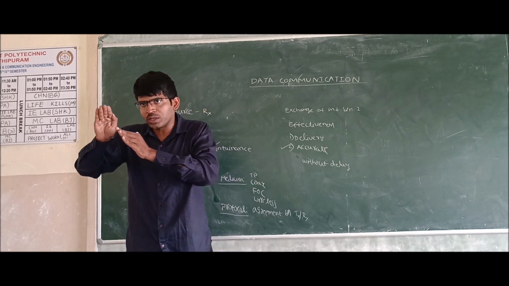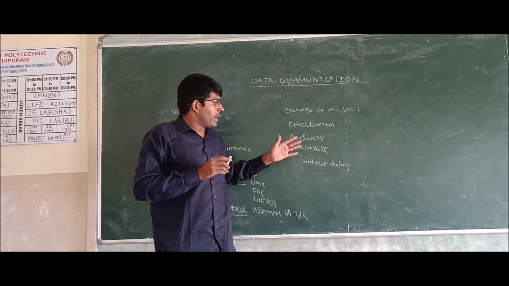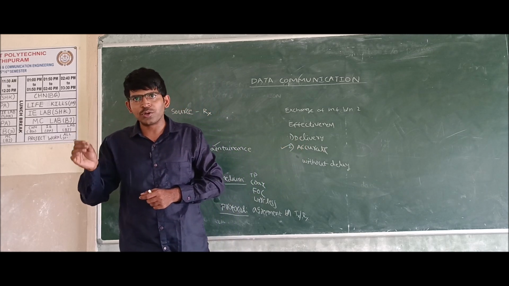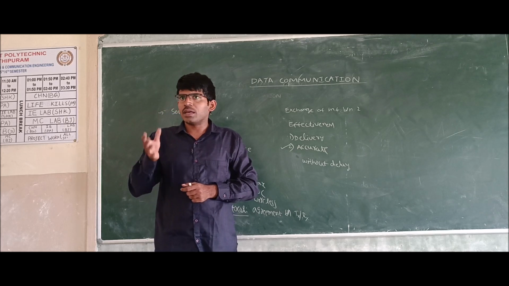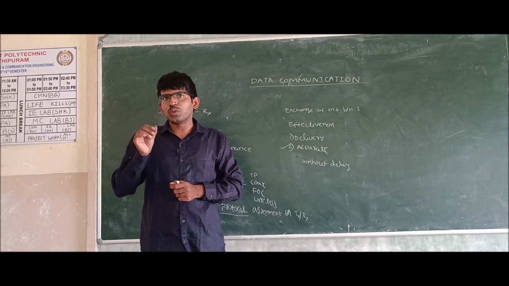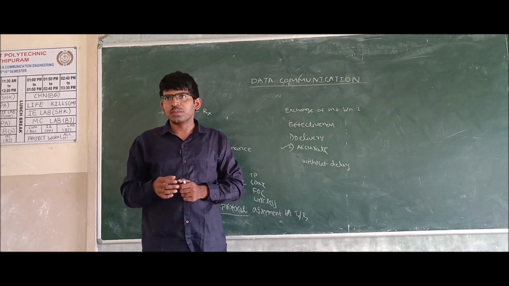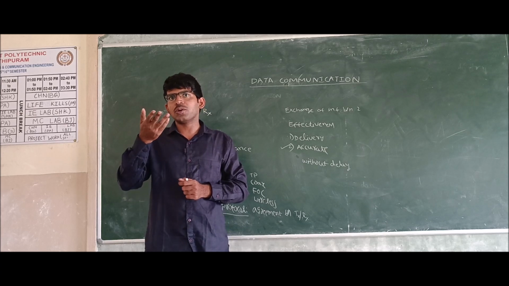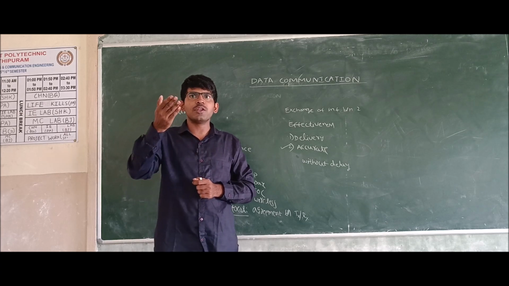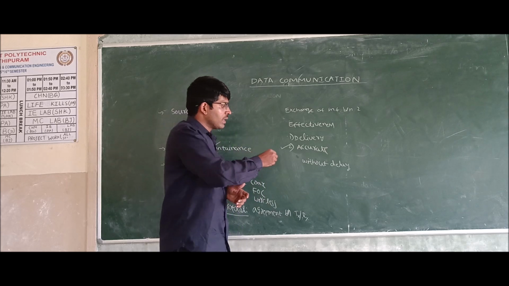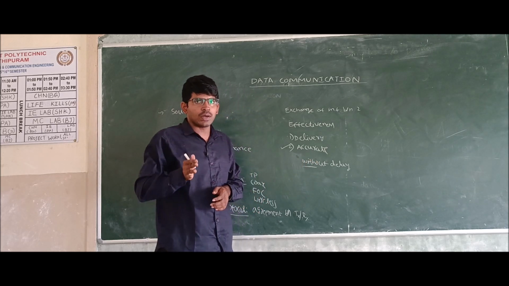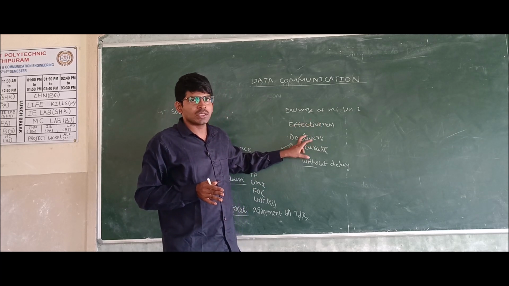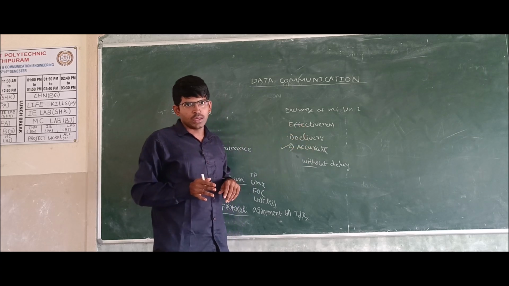And sometimes, whenever we are sending audio data or video data, there should be synchronism between the video and audio. Otherwise the user may feel there is a difference between the audio he is hearing and the video he is observing. There the time delay is very important, and we have to send the data without delay. So the effectiveness of data communication depends upon these 3 points.